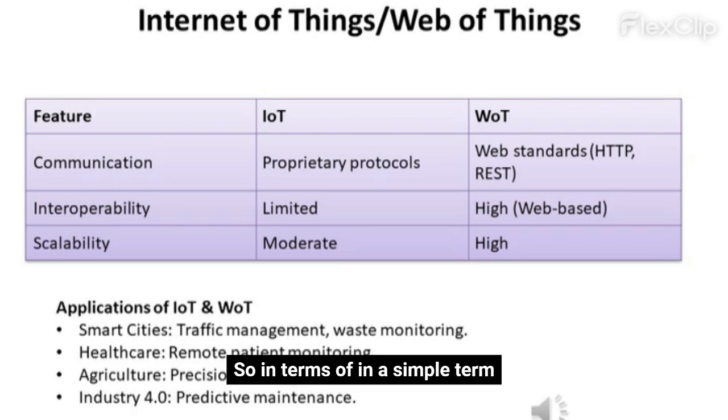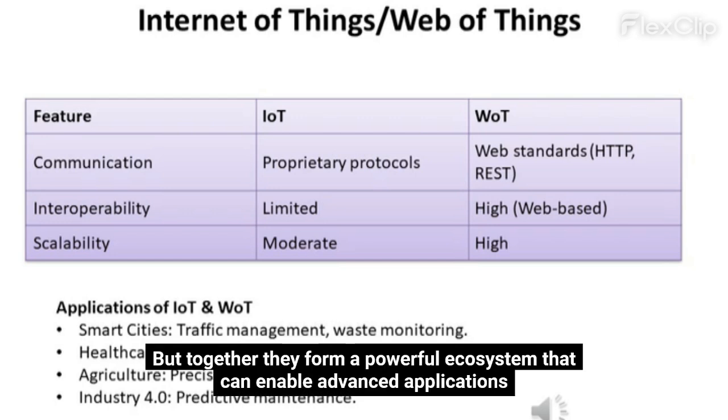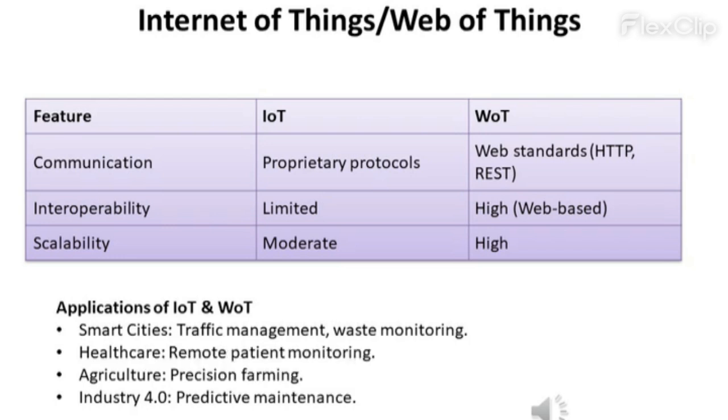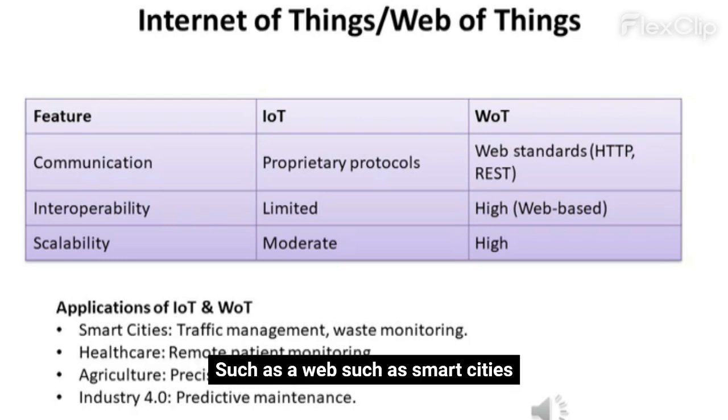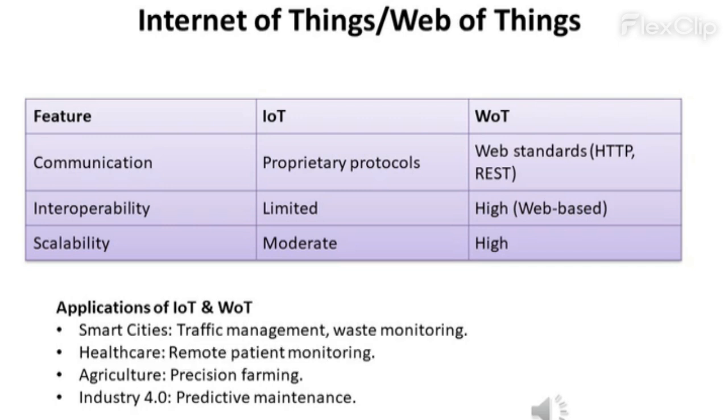In simple terms, IoT connects the things, that's why it is called Internet of Things, while WOT makes those things work together. Together they form a powerful ecosystem that can enable advanced applications such as smart cities, industrial automation, and personalized healthcare systems.